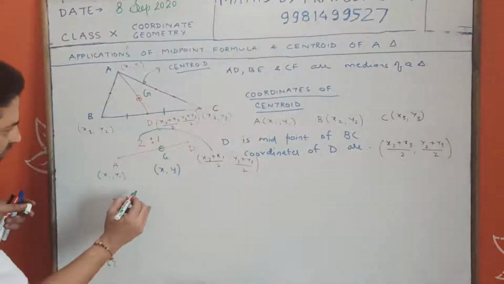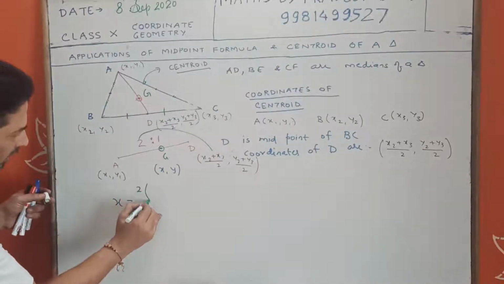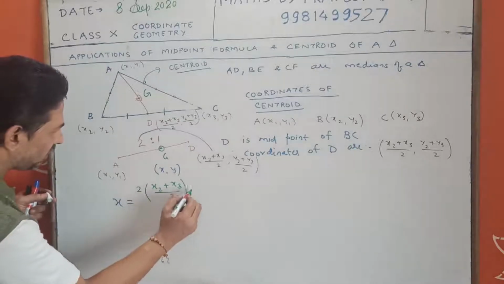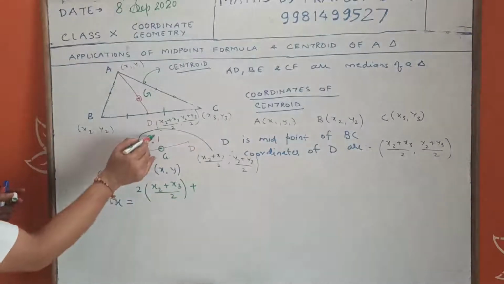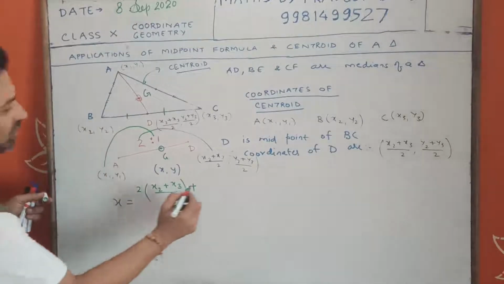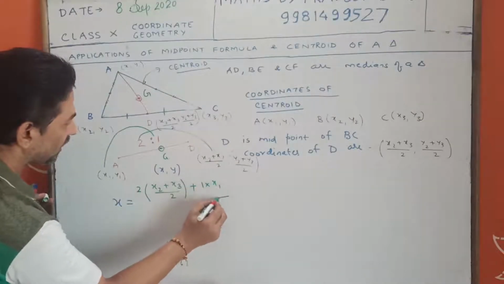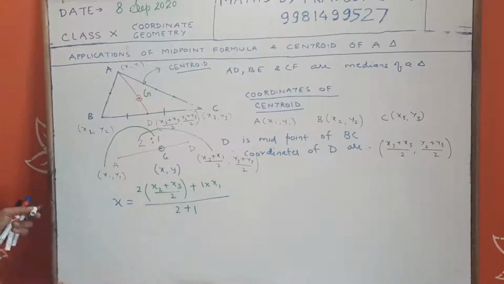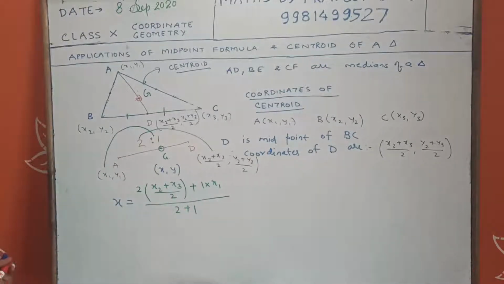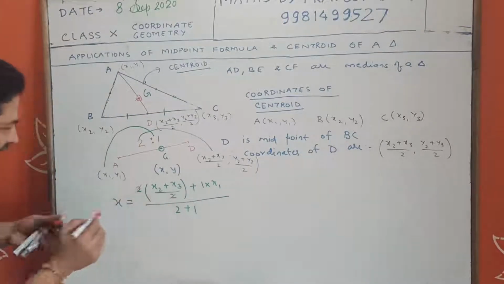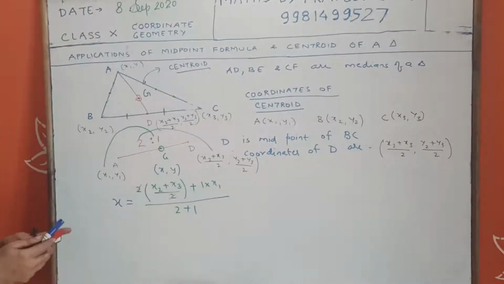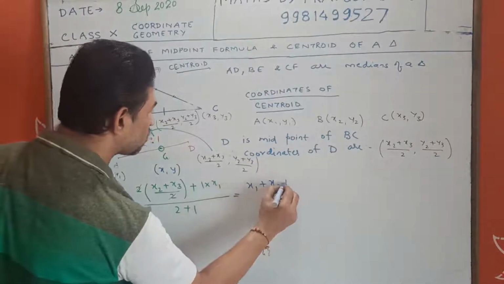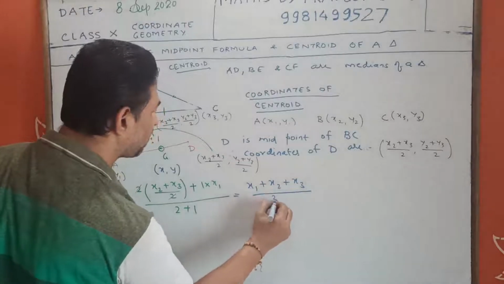So here we have 2 into x2 plus x3 upon 2 plus 1 into x1 upon 2 plus 1. So here 2 cancel, we get only x1 plus x2 plus x3 upon 3.